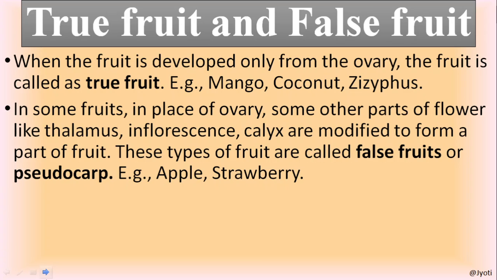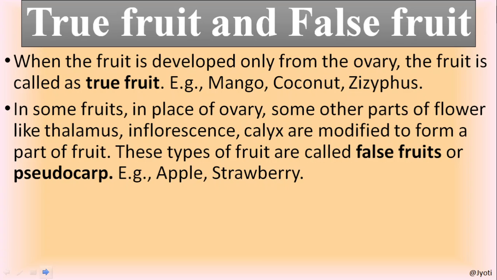So what is true fruit and what is false fruit? When the fruit develops only from the ovary, then it is called true fruit, like mango, coconut, jujubes. Okay, so these are true fruit. But in some cases, like apple, strawberry, the fruit is developed from the thalamus or from the inflorescence or from the calyx or from any other accessory parts of the flower along with the ovary.